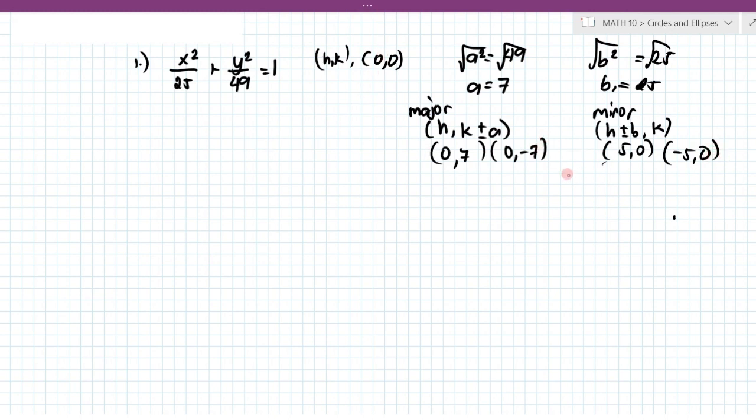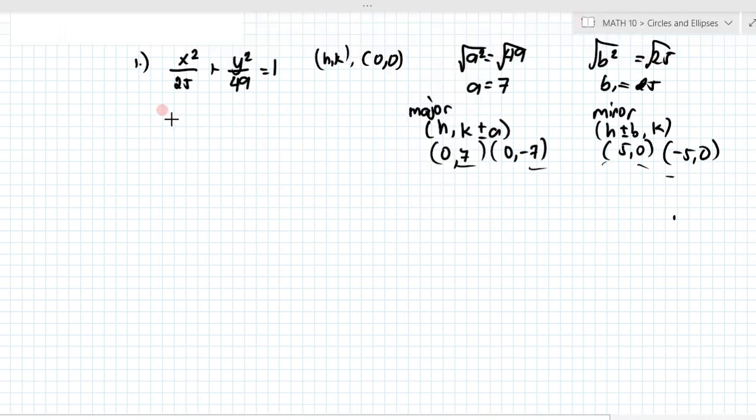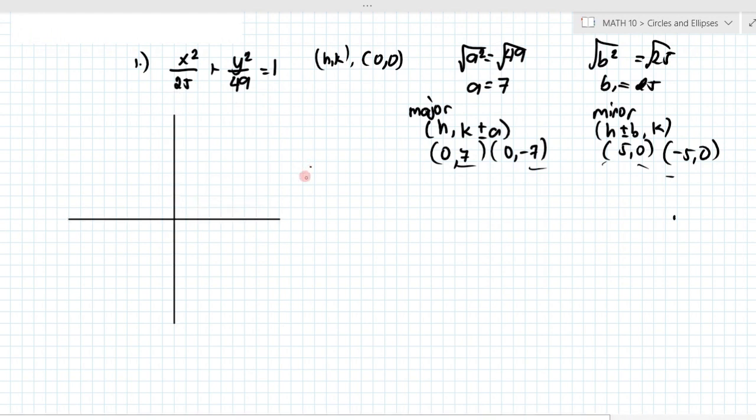Okay, so now we have our vertices. We can now graph our ellipse. And then we need to plot our points. So first, our center, which is at the origin, and then our major vertices: 1, 2, 3, 4, 5, 6, 7 here, and 1, 2, 3, 4, 5, 6, 7 here.